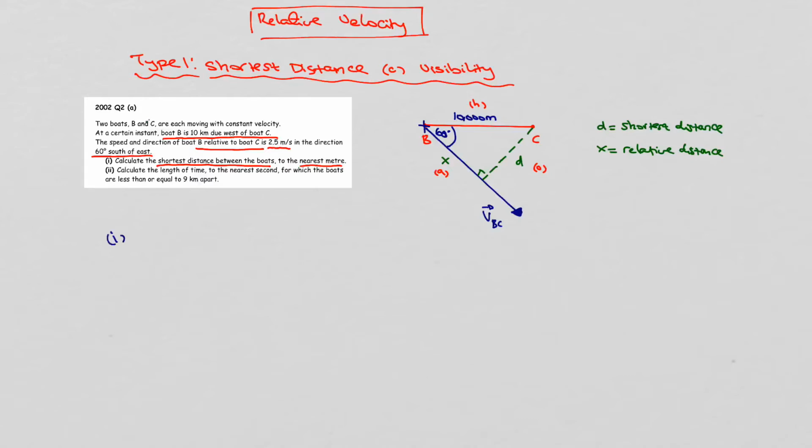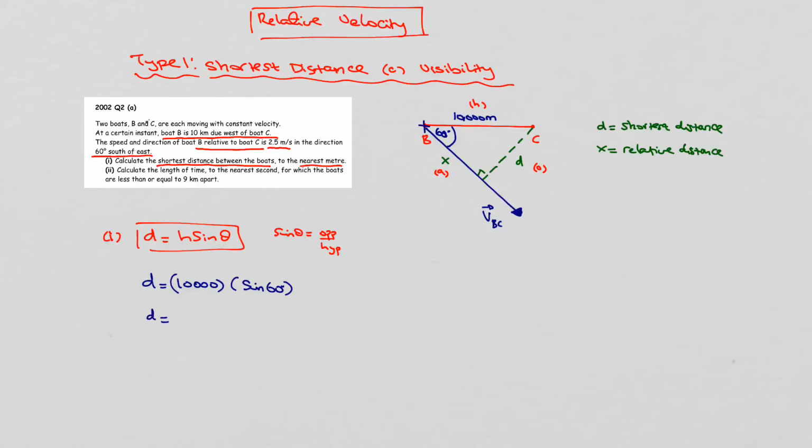So part 1 is our shortest distance. So that's D equals H sine theta, because of course sine is your opposite over your hypotenuse. And therefore our hypotenuse is 10,000 metres, so 10 kilometres. And our sine theta is going to be sine 60 degrees, and sine 60 degrees is root 3 over 2.